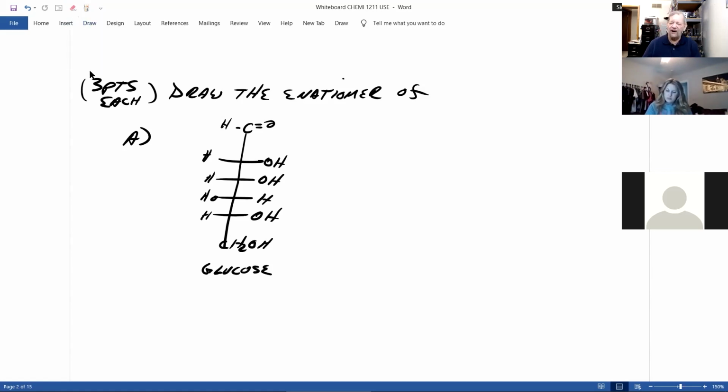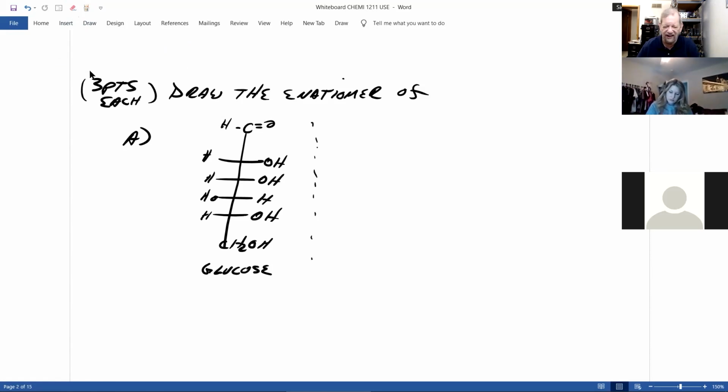Glucose. So how would you draw the enantiomer? Well, what's the enantiomer? It's a non-superimposable mirror image. Now, I put in a mnemonic device to help me know what to do.